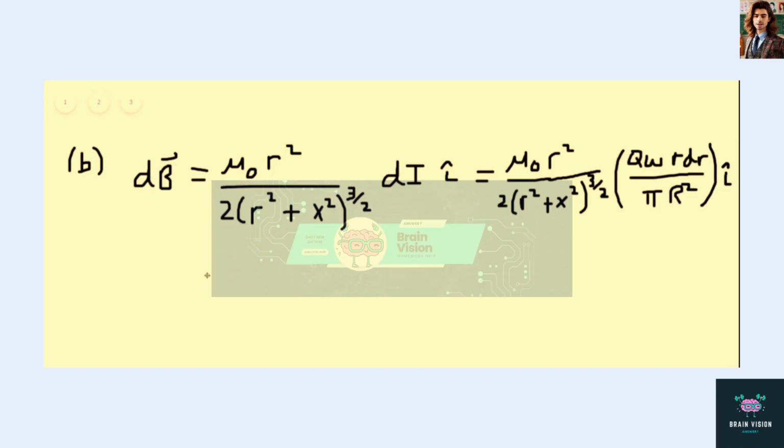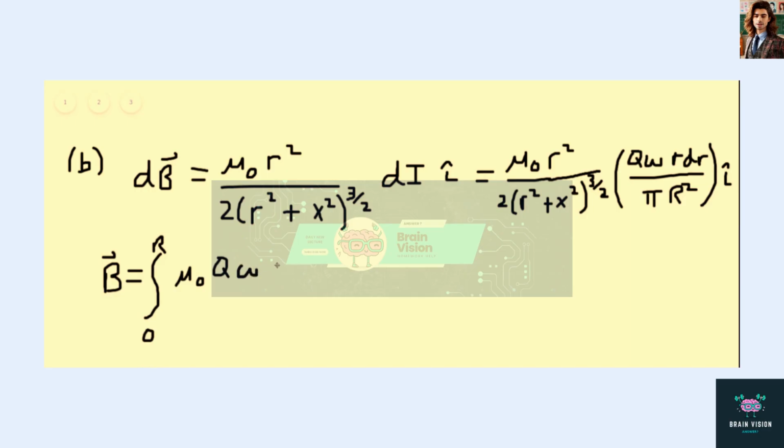So we can simplify this just a little bit. And we're also going to integrate both sides. So we find that B here is equal to the integral of this simplified equation. And again, we're integrating from 0 to R, of course. Those are the bounds of our integral. And the simplified equation here gives us mu naught times q times omega.